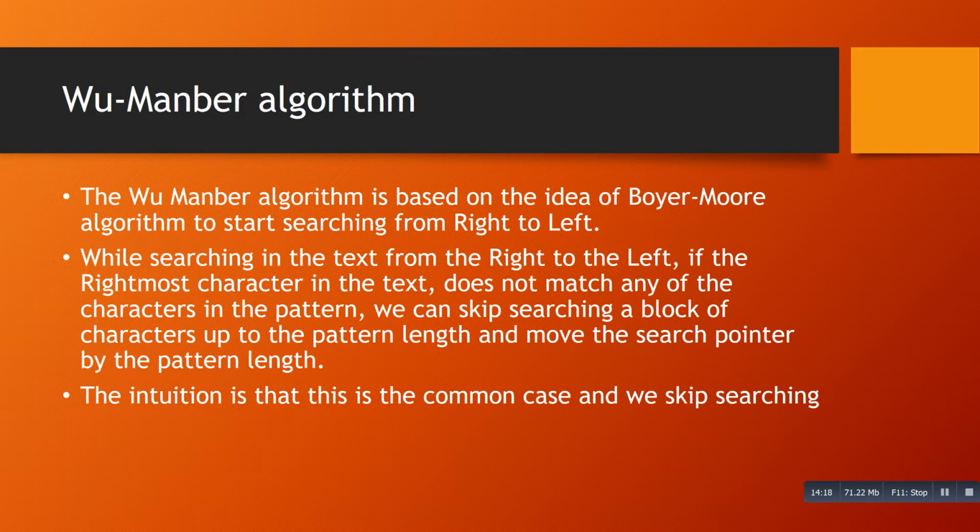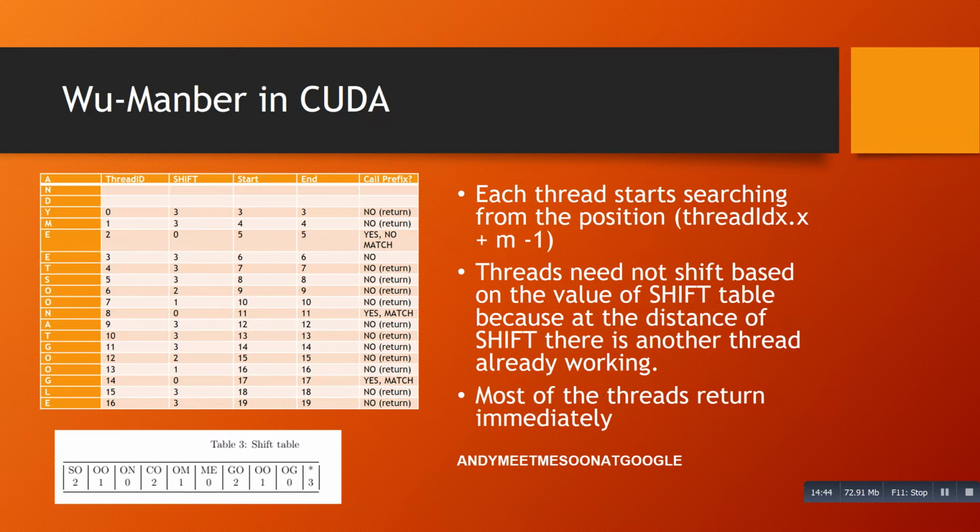While searching the text from right to left, if the rightmost character in the text does not match any of the characters in the pattern, we can skip searching a block of characters up to the pattern length and move the search pointer up by the pattern length. So the intuition is that this is the common case and we can skip searching many characters.